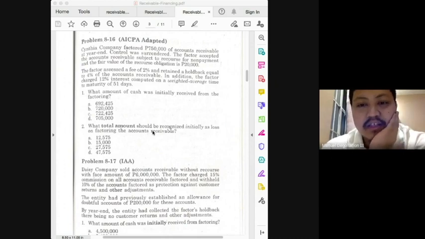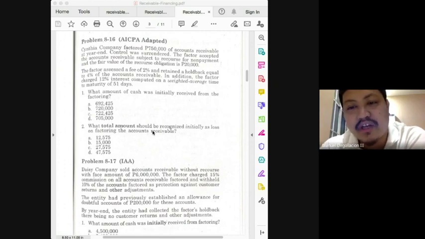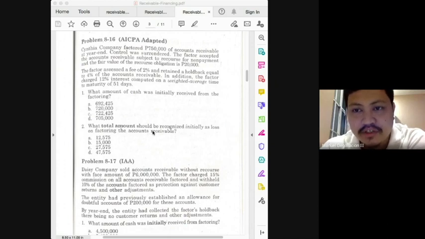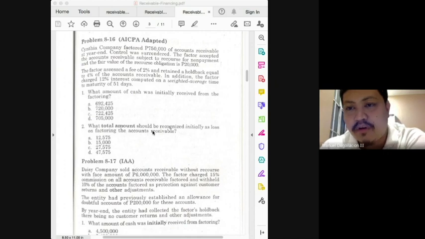Okay. Next, what amount should be recognized initially as loss on factoring? From the problem, our loss will have three components. Number one, the factor's fee. Number two, the interest charge. And number three, the recourse obligation. Again, remember that the holdback will not be considered as a component of our loss on factoring.